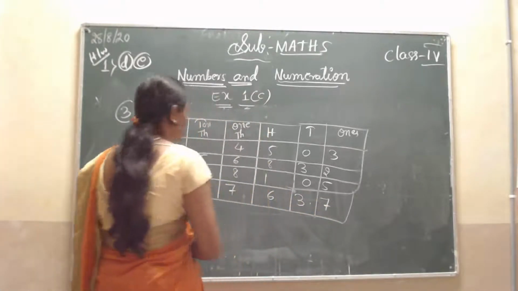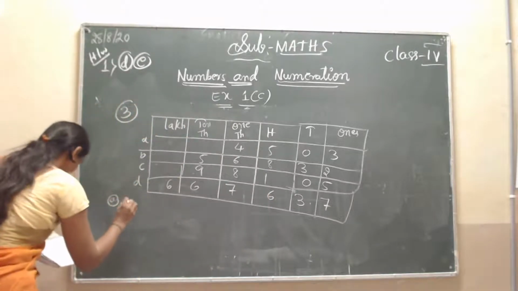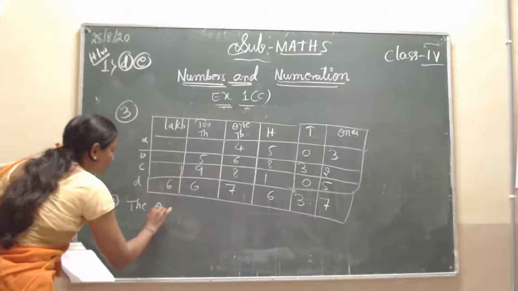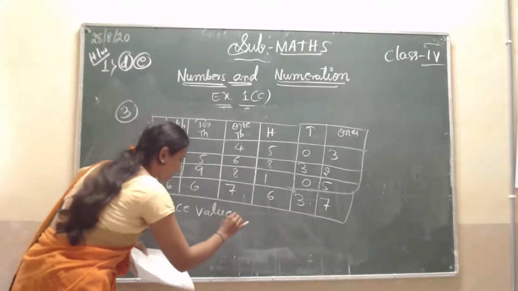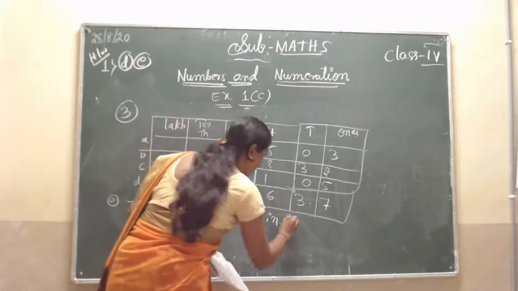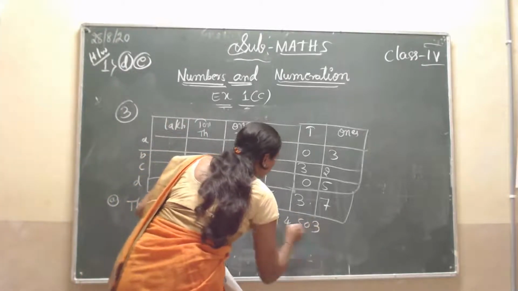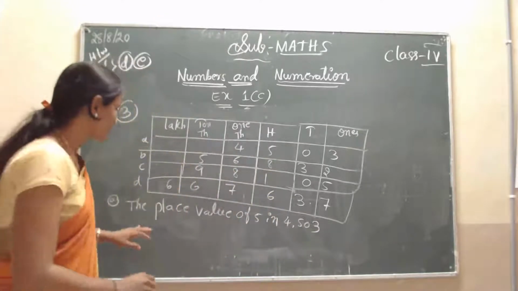So the first question, A1 question, students. The place value of 5 in 4,503. So yes, students, what is the question?